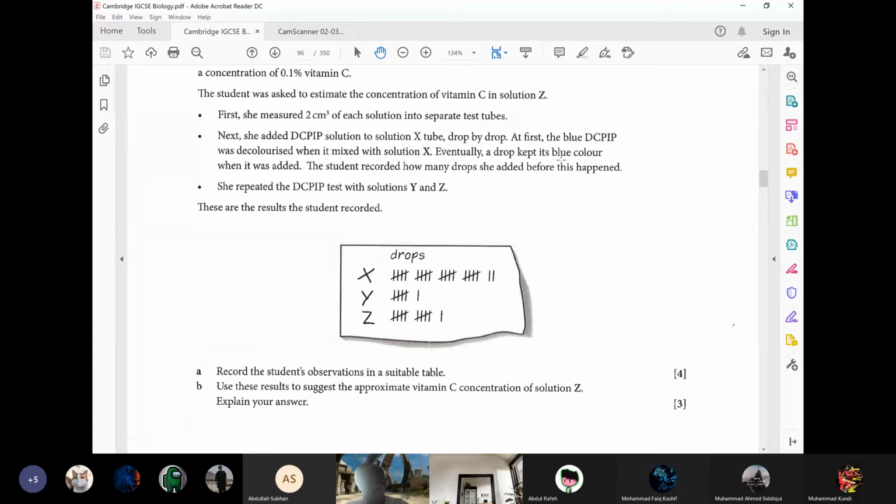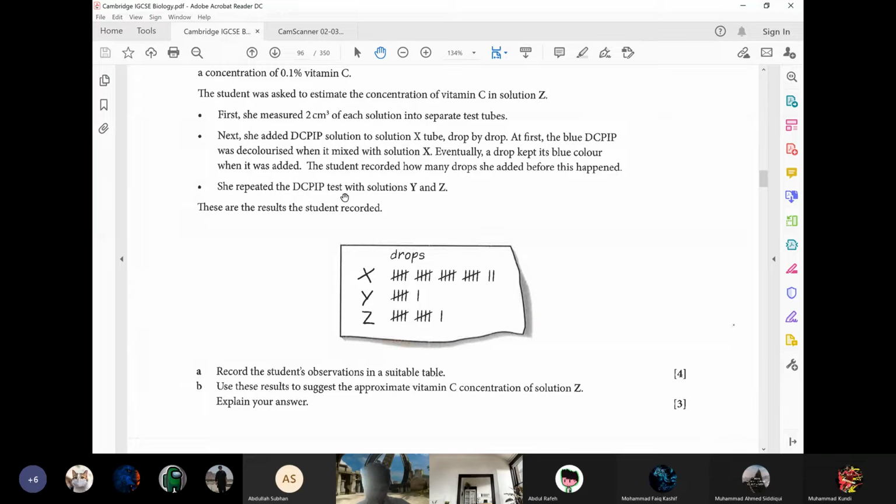In the beginning, when the drop falls into the vitamin C solution, the color becomes colorless. But after some time, a drop fell into the vitamin C solution and it remained blue. That is the point where we have to take the reading. The student recorded how many drops she added before this happened.